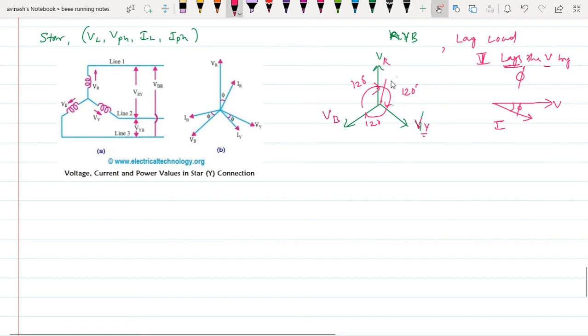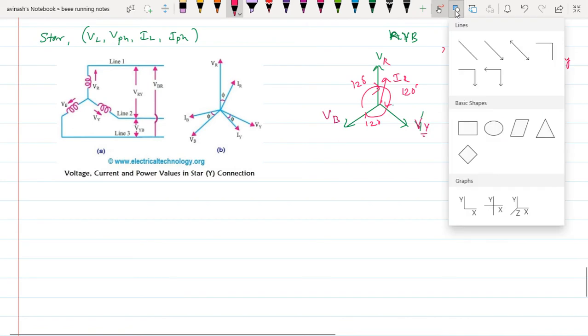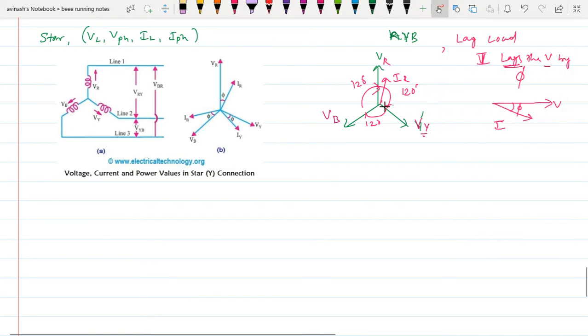So this will be the R phase current. Hope you understand this point. In the same way, for the Y phase voltage, the current will also be lagging in nature. This will be the Y phase current.